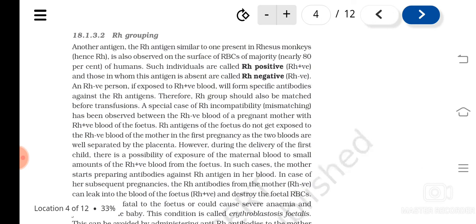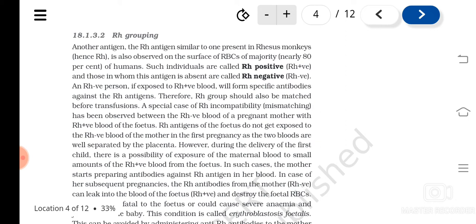Now, one more type of grouping is found in human beings, and it was first found in rhesus monkeys. That is another antigen known as the Rh factor. Almost 80% of humans have this Rh factor. What is the Rh factor?